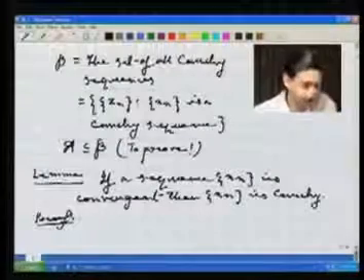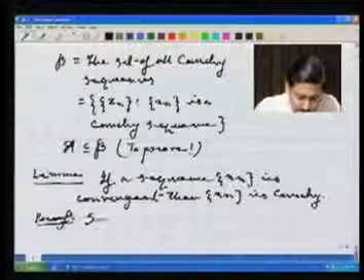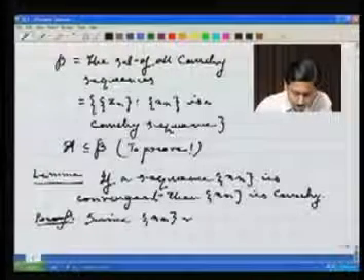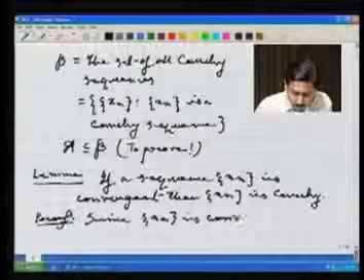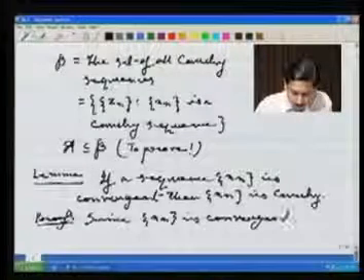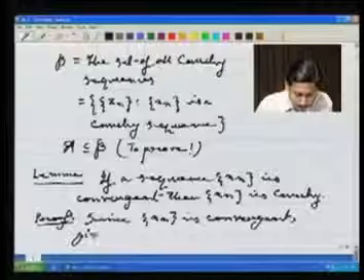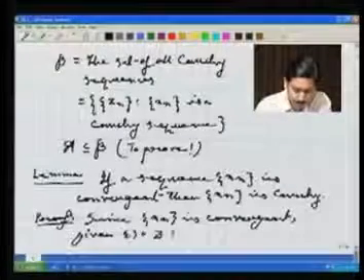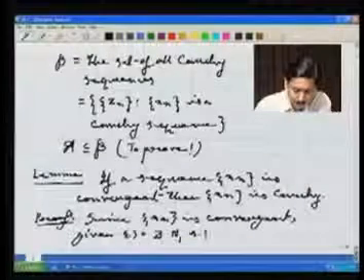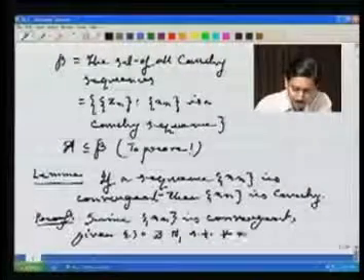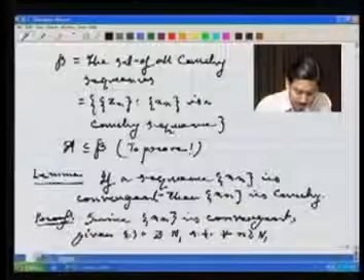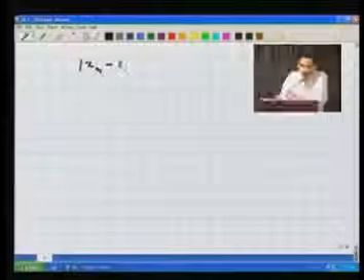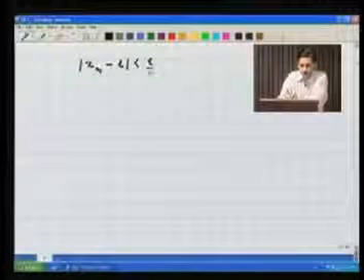Let's call that L. So I will write, since xn is convergent, given epsilon bigger than 0, there exists N1 such that for all n bigger than or equal to N1, I have modulus of xn minus L less than epsilon by 2.